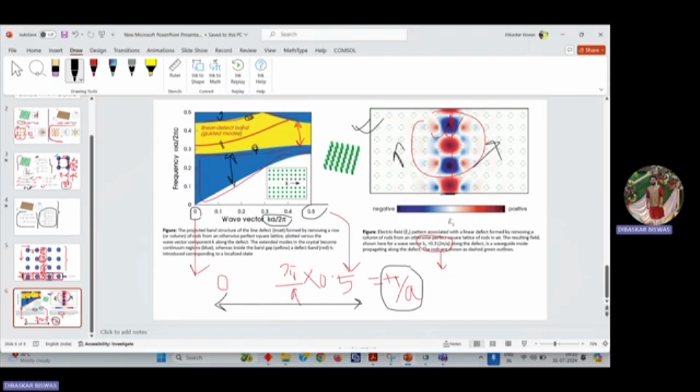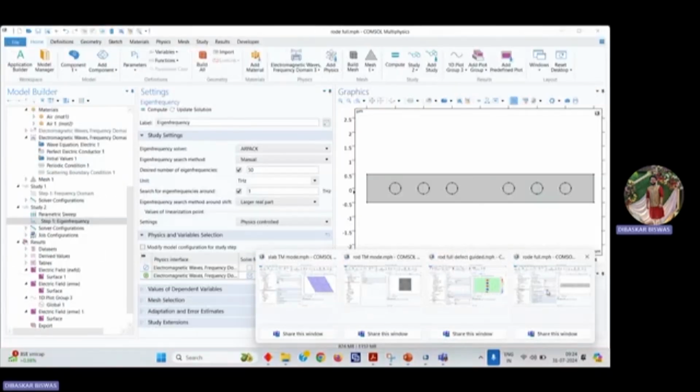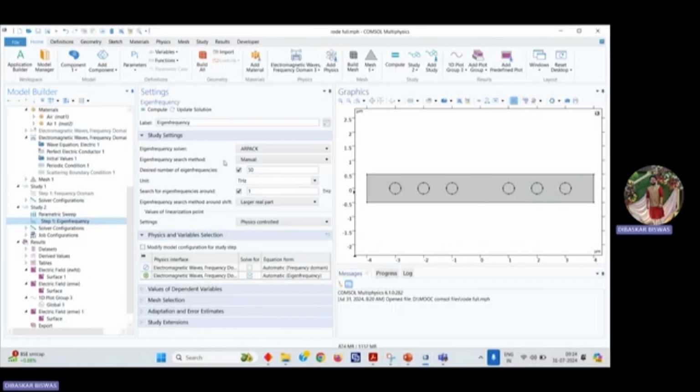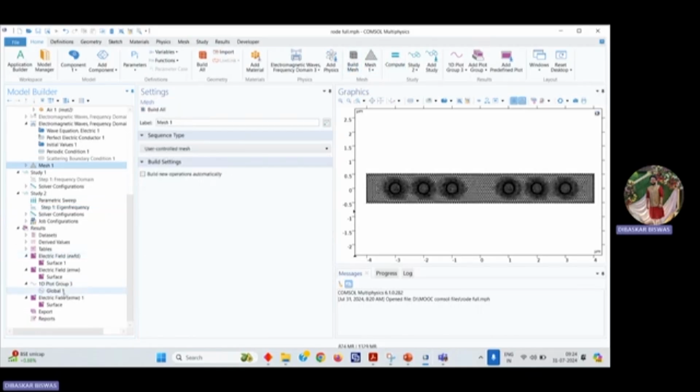There are quite a lot of frequencies, so if you give only 4 or 5, you might not be able to see this defect state. So you need to give more eigenfrequencies. That will increase your computation time, but that's how you do it. In place of 50 you can keep 40, but not less than 25 or 30. Then you click build mesh and compute.